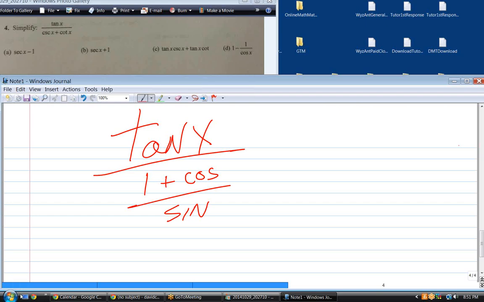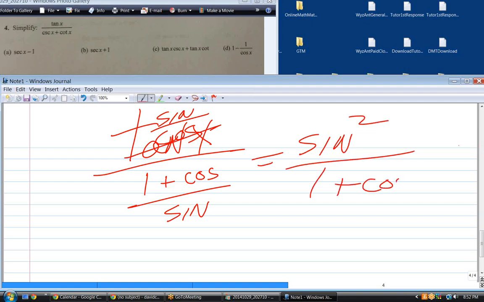It's not sine cubed. In other words, if I replace this with sine over cosine, and now flip the bottom and multiply, I get sine squared over 1 plus cosine. No, I get sine squared over 1 plus cosine times cosine. Sine over cosine times.